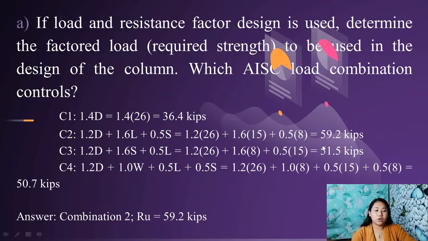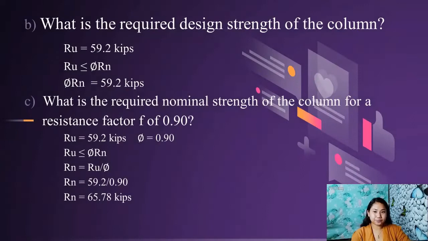So the highest is 59.2 kilopascal. So the answer is combination 2, ultimate strength 59.2 kilopascal. Letter B, what is the required design strength of the column? Our ultimate strength is 59.2 kilopascal, then our required design strength is 59.2 kilopascal.